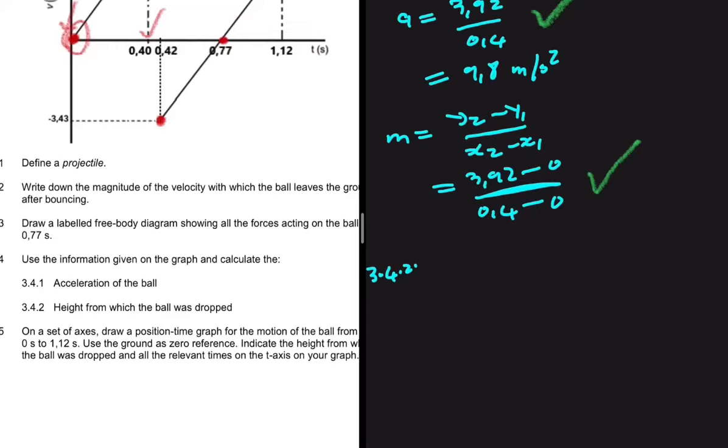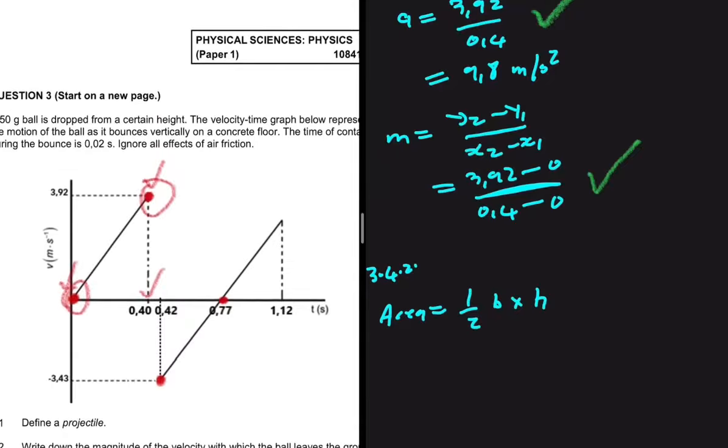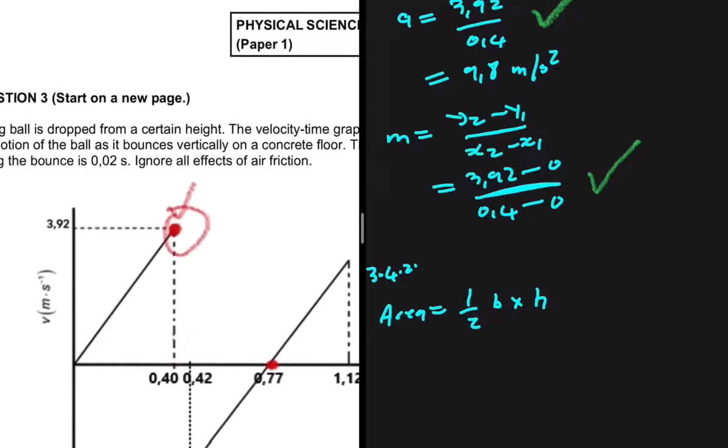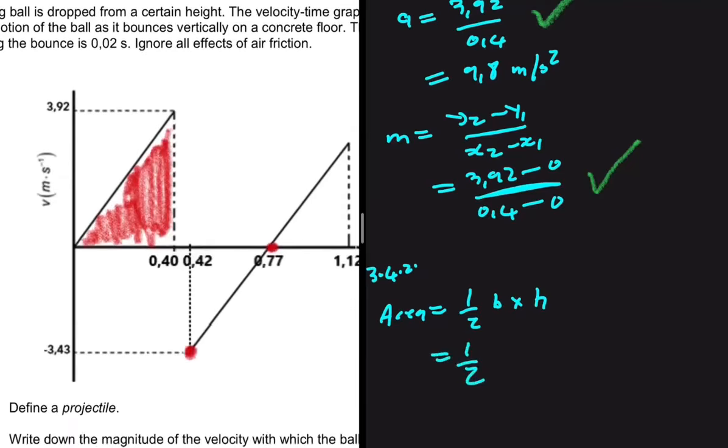So if we use the area under the graph, we're going to have area equals half base multiplied by height. The area which we're interested in, let me just erase this, is this very area here. So if we decide to use that area, our base is 0.4 and our height is 3.92.